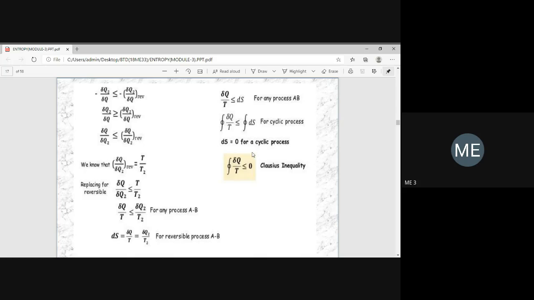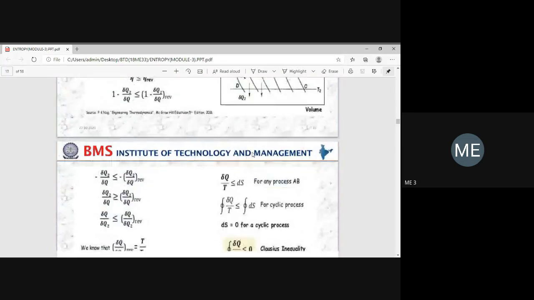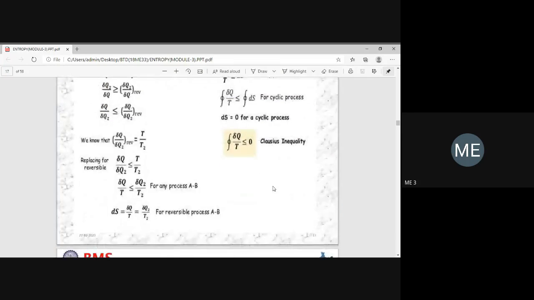Clausius theorem is different. ds equals 0 for a cyclic process, and the cyclic integral of dq by T is less than or equal to 0.